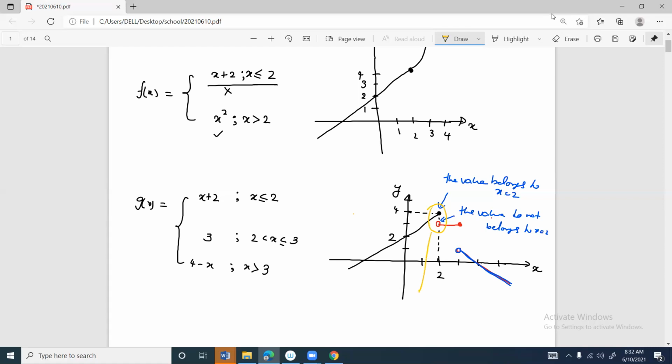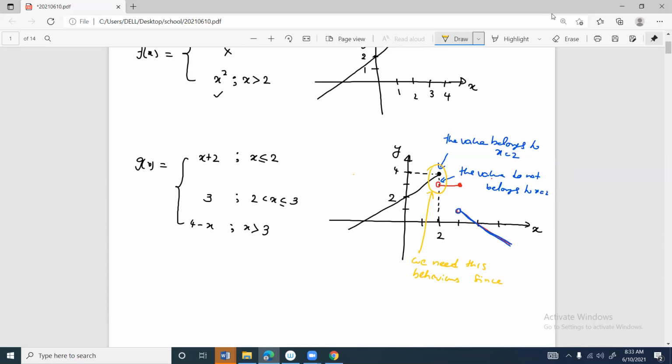We need this behavior since for one x value we cannot obtain more than one y value if it is a function.